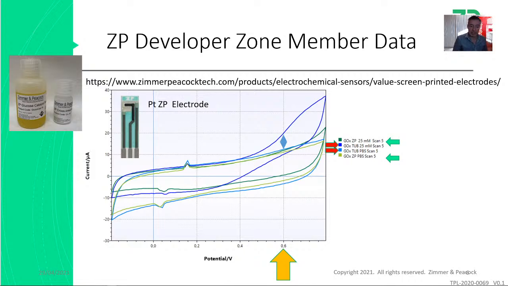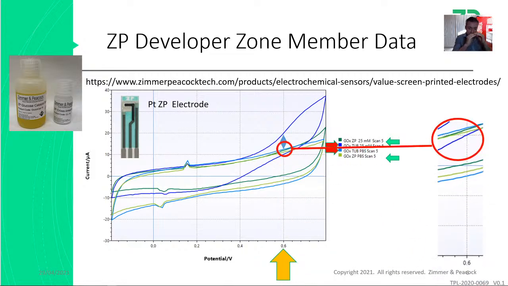So that looks really encouraging. What it actually says is our homebrew glucose sensor shows a really good strong signal between CV before glucose and CV after glucose. Now when you look at the ZP formulation, I have to zoom in because you can barely see the difference. So you'd actually say, well, that's really bad, isn't it?